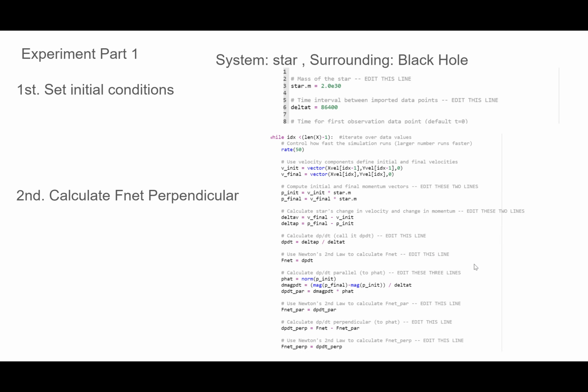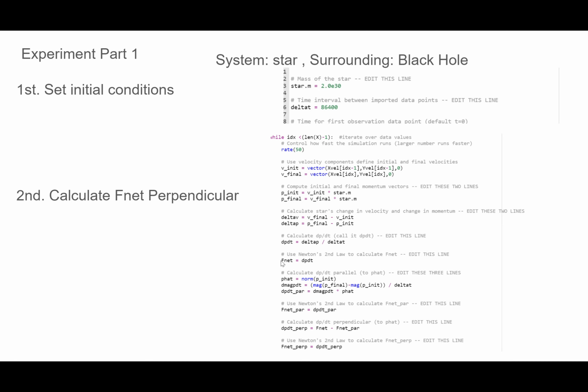Let's get started. So first, for experiment part 1, we need to set the initial conditions, like the star mass and our delta t. And second, we need to calculate F net perpendicular, because F net perpendicular in this case would be the gravitational force. So here we analyze the motion of the object in order to get the change in momentum.